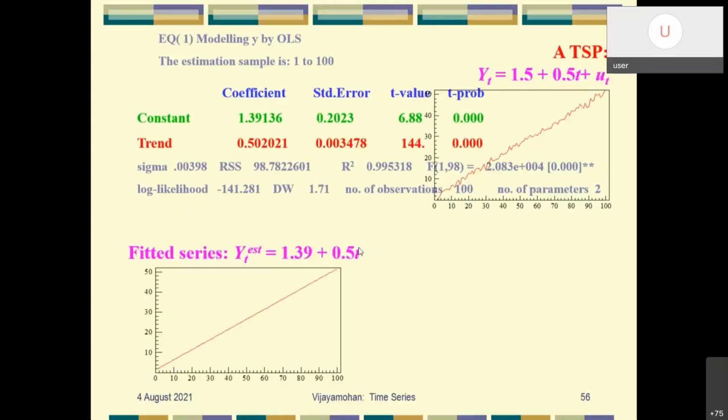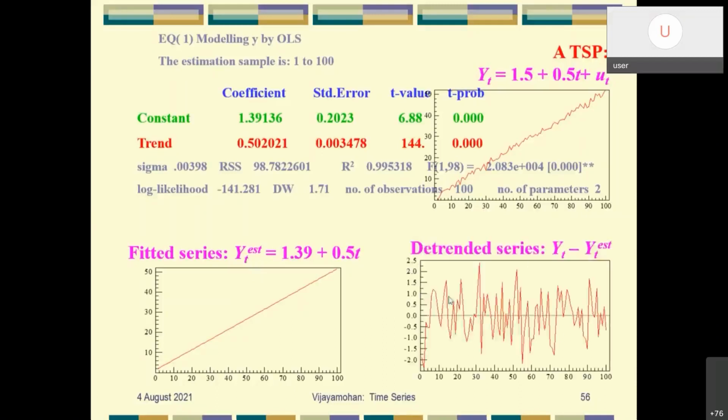Then putting in all the t values, we will get the estimated yt value. Then this yt minus this estimated yt value will give us the detrended value. So this is the detrended series. This is what we do manually.